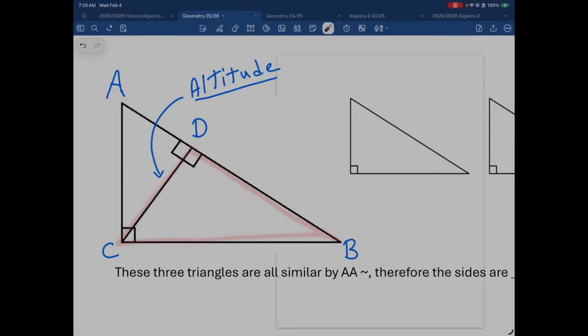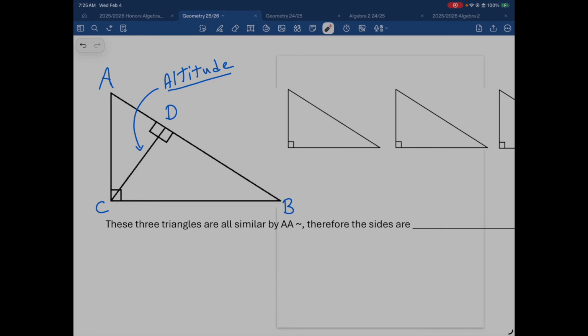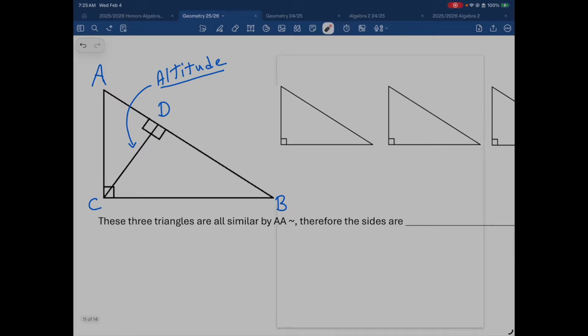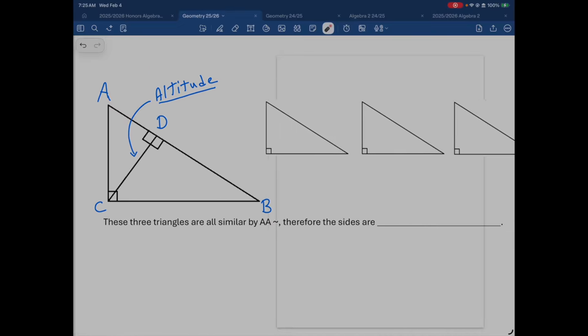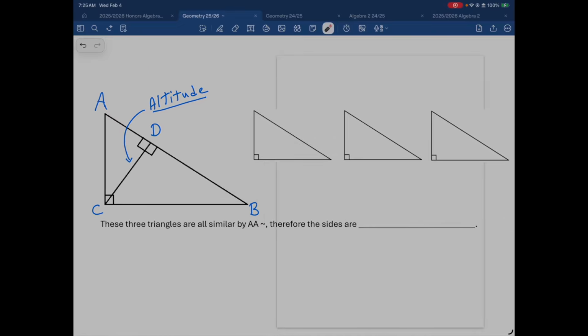And actually all these right triangles are going to be similar to each other because of angle similarity. And because they're similar to each other, we can go ahead and write a similarity statement. Since all three triangles are similar by angle, therefore all the sides are proportional.